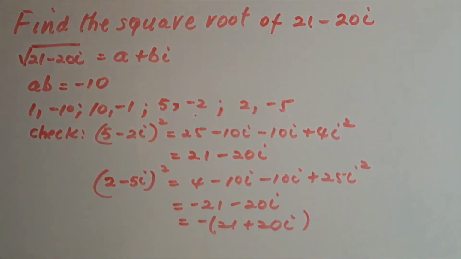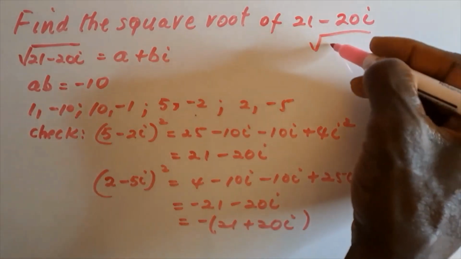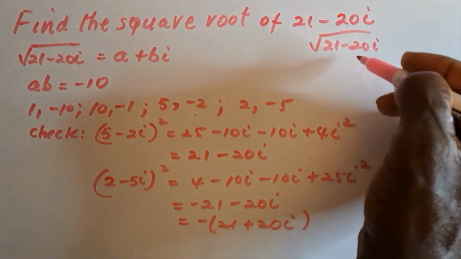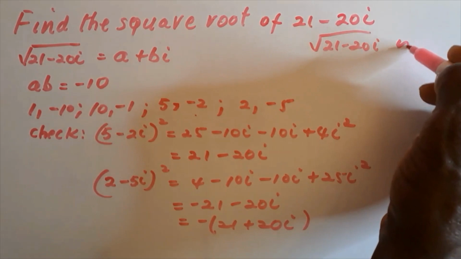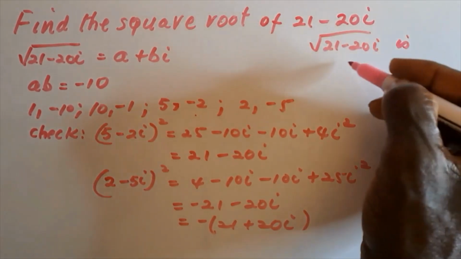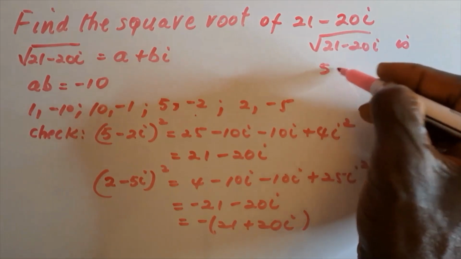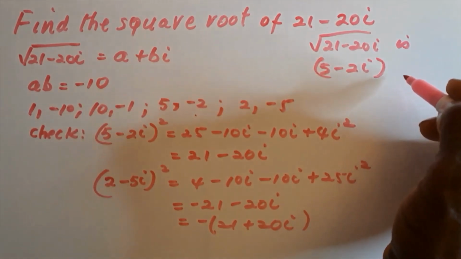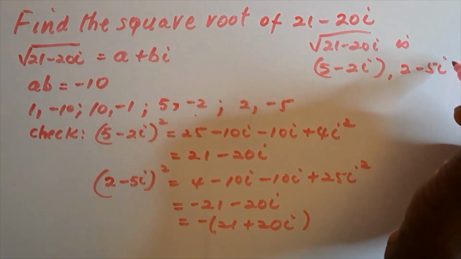And so our square root of 21 minus 20i, at least one of them, is 5 minus 2i, and the other 2 minus 5i.